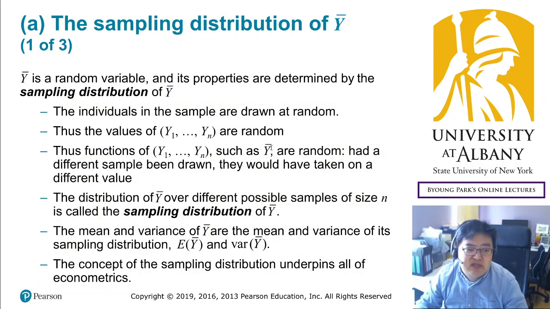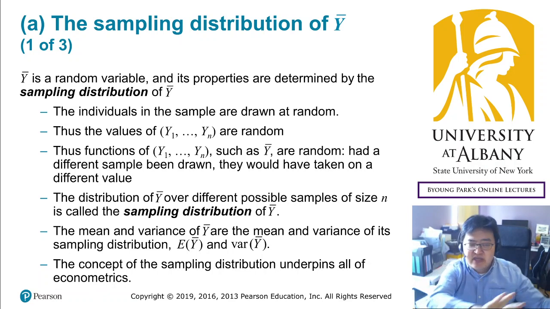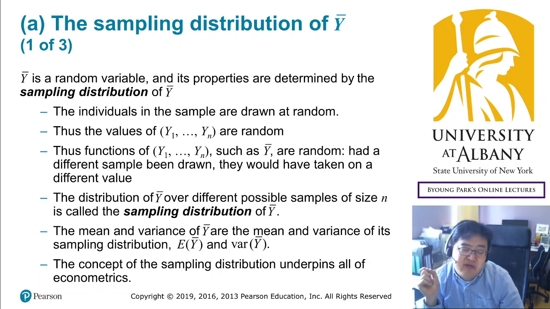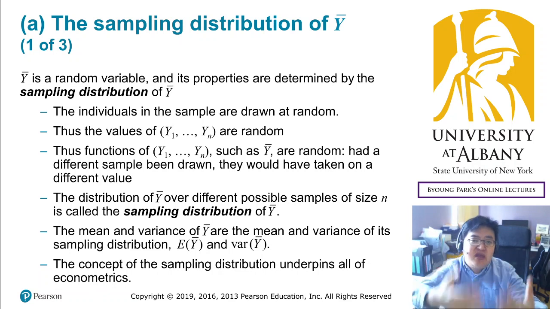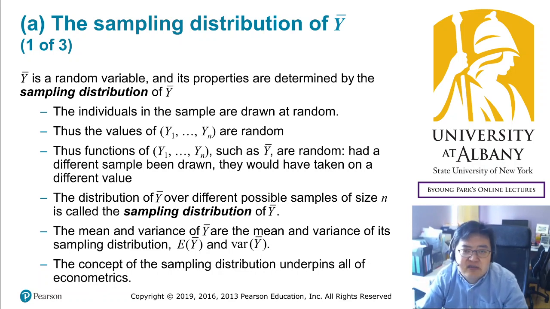And what's important here is y bar is still random, in the sense that if you throw away your sample and retake n observations at random, and calculate the sample average again, the sample average would be different. So if you redo the random sampling, each time the sample average will be different.